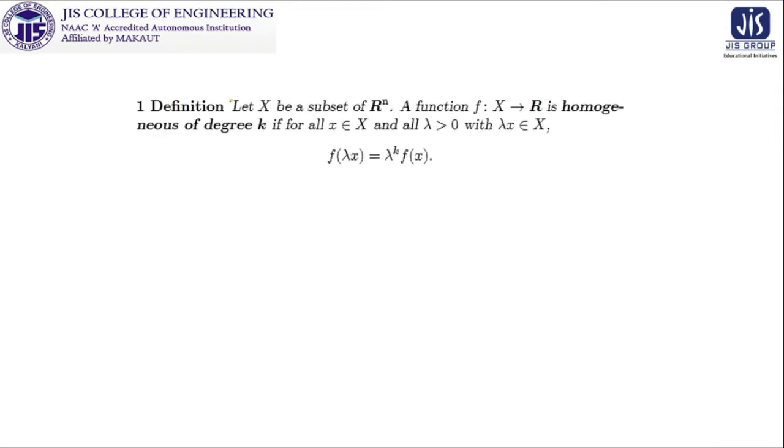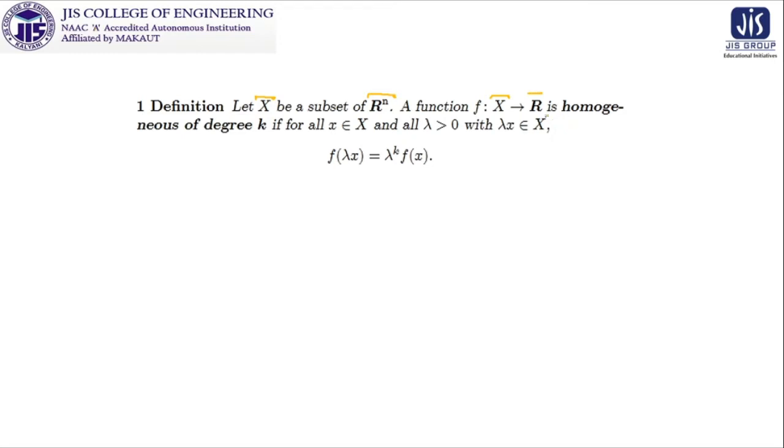First of all, we want to define one concept called a homogeneous function. The definition is: if we have capital X as a subset of Rn, because we are now going to define it in general form, where Rn means R cross R cross R, in n dimensions, and the function f goes from capital X to R, that means it is a real valued function.